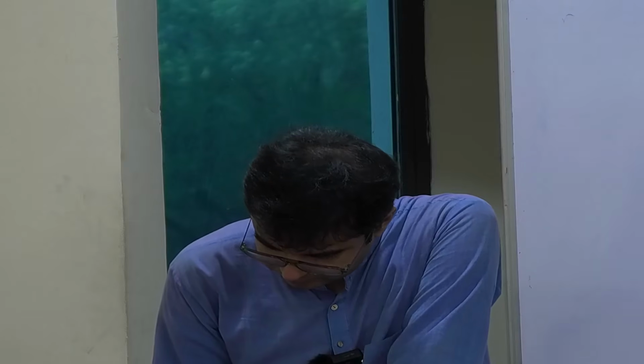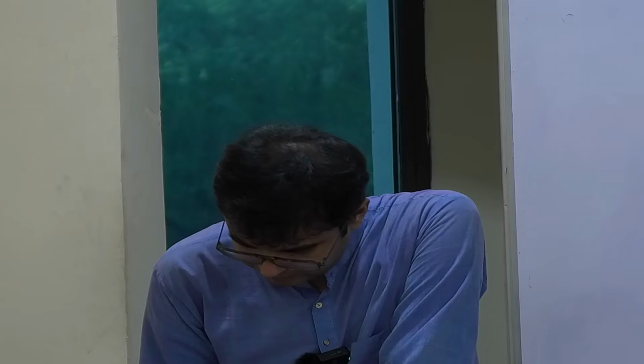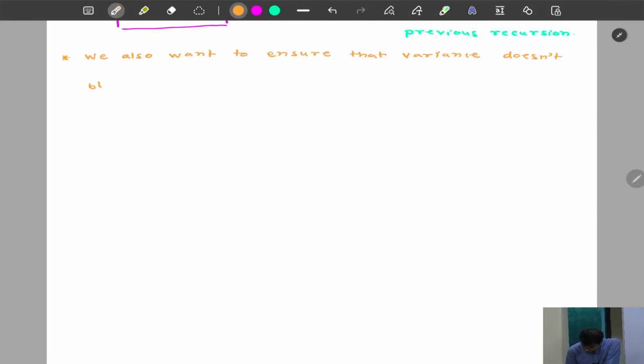So then if that is the case, we should additionally satisfy that the variance does not blow up even during the backward pass.